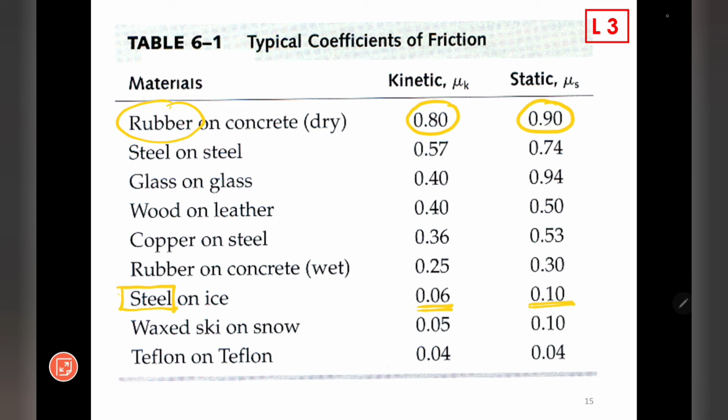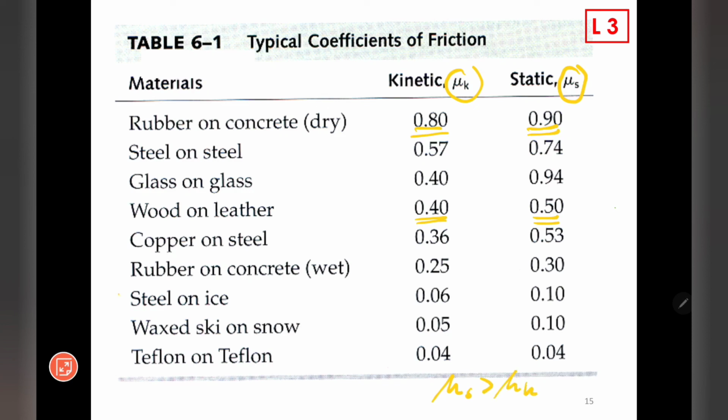So according to the list given just now, we may say that mu s is greater than mu k. See, 0.9 and 0.8, 0.10 and 0.06. So normally mu s is greater than mu k.